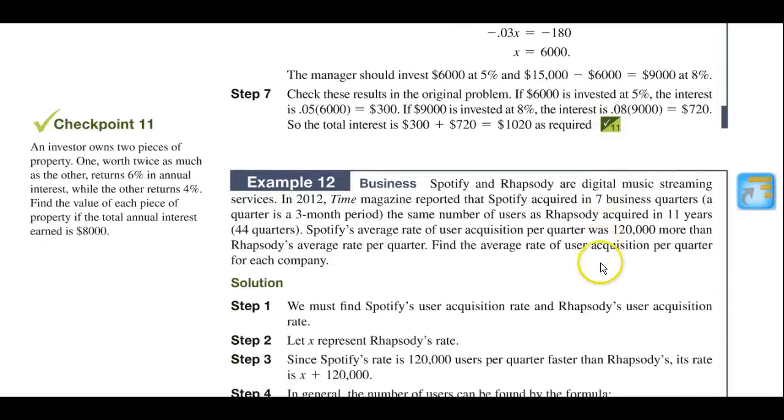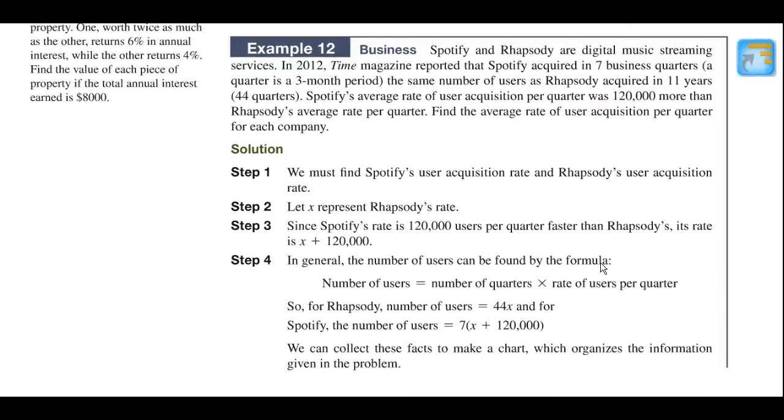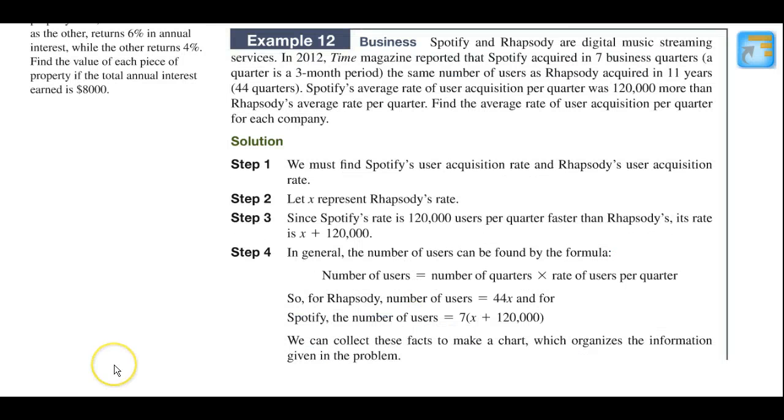All right, let's go on to number 12 and study it for a moment and see what we need. So again, they are starting us off with some challenging ones here. We have 2 digital music streaming services, and it says that Spotify acquired in 7 business quarters, and a quarter is a 3-month period, the same number of users as Rhapsody acquired in 11 years.